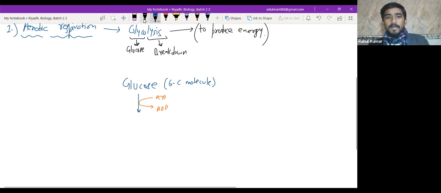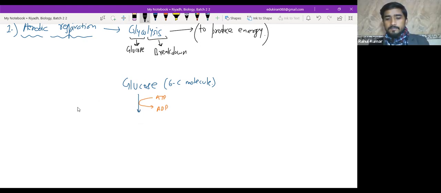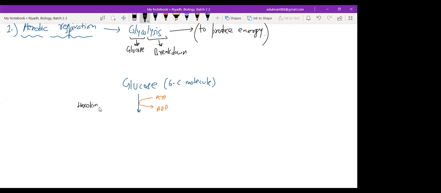And we will also keep writing the enzymes. So this arrow, the enzyme that does this is called hexokinase or glucokinase, to be very specific. The word hexo means 6 carbon, right? Yes, sir.